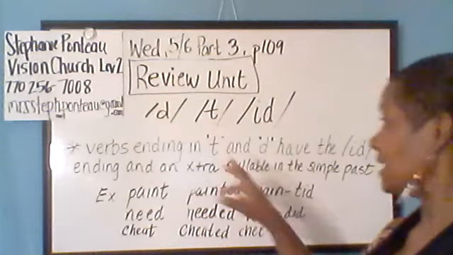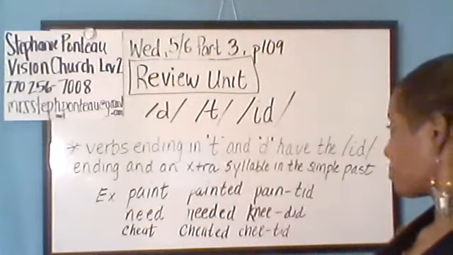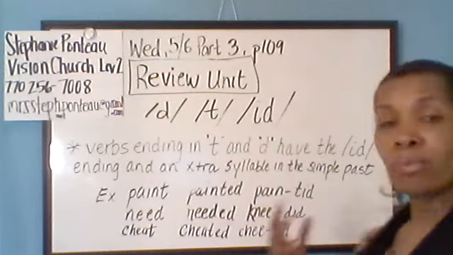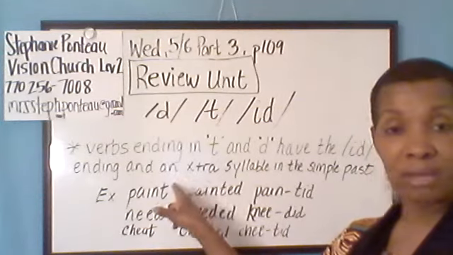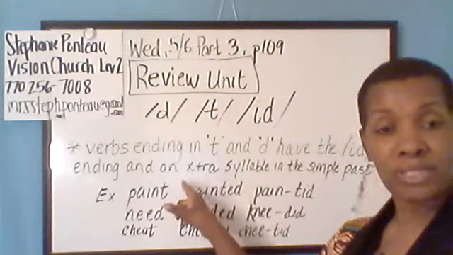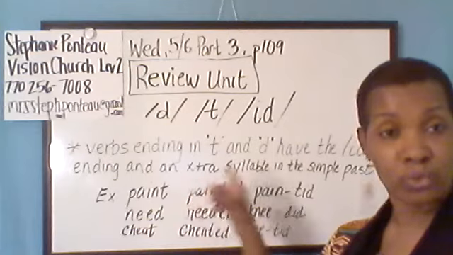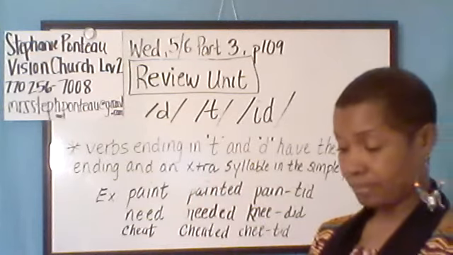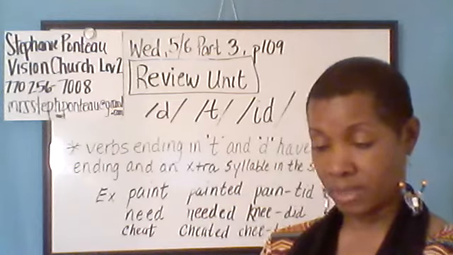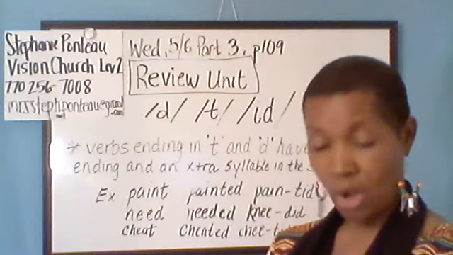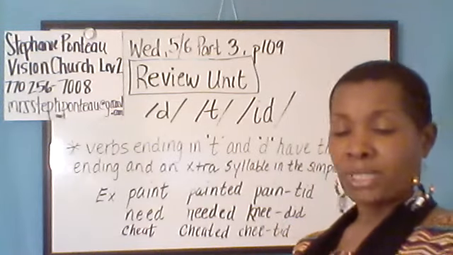Cheated. It has that id sound. Okay? So we'll hear more words and that rule will make more sense. But write that rule down because as we go through this lesson, you're going to see how true that is. Okay? All right. So we are going to be on page 109, pronunciation.